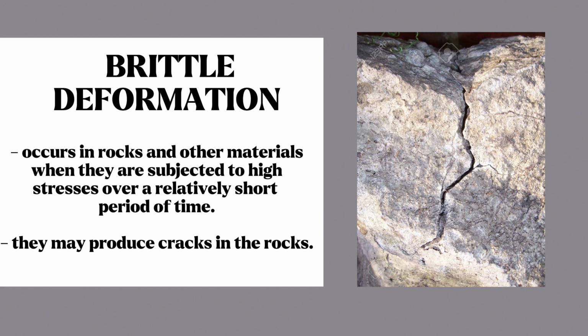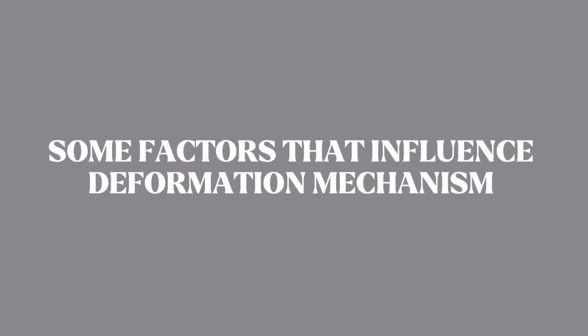The rocks will break rather than bend under this condition to produce fractures. When a rock is subjected to a high enough stress, it can break along a plane of weakness, forming a fracture or fault.